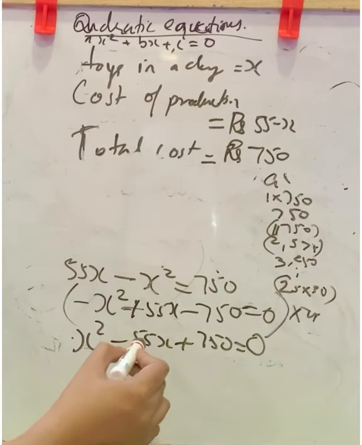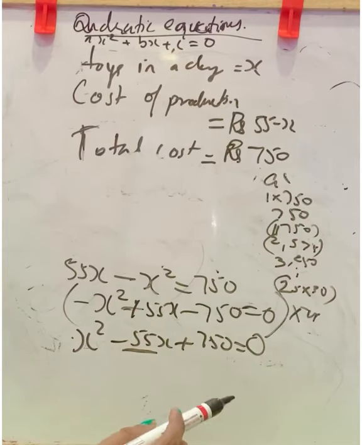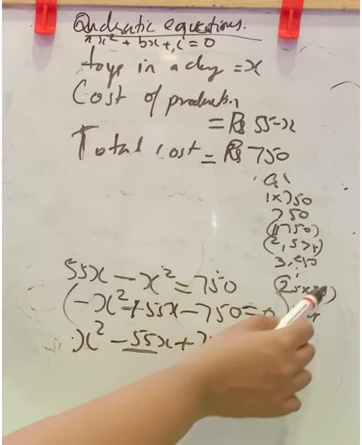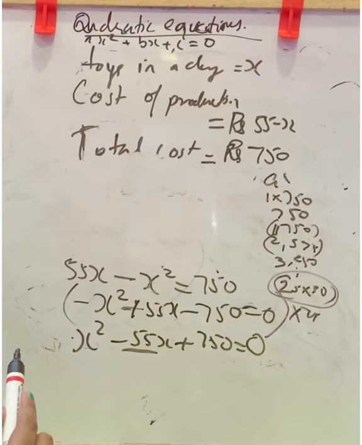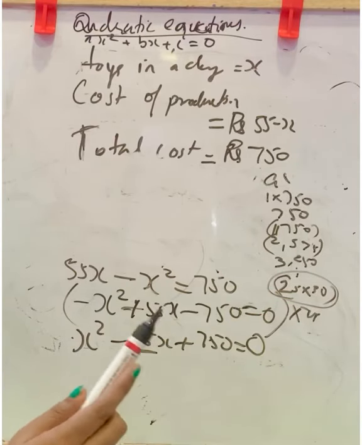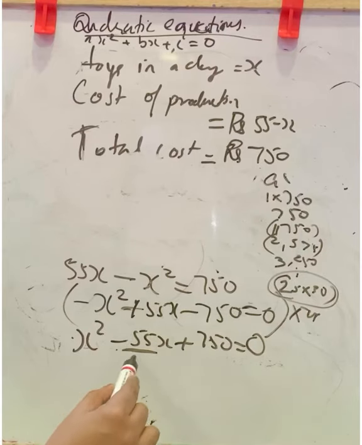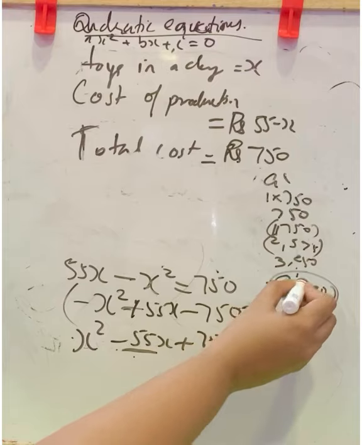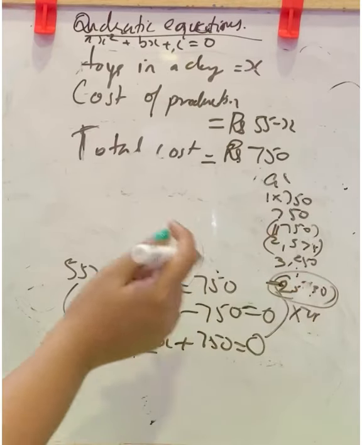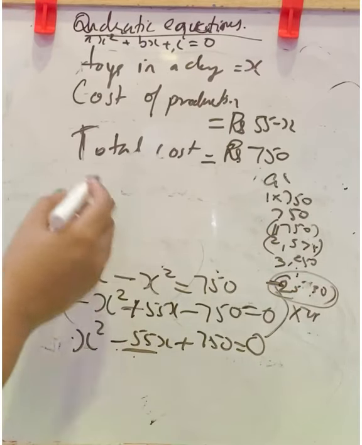Here we want the B term, 55. How will you get 55 from these factors? We can see 25 and 30: 25 plus 30 gives 55. But we want minus 55, so we take minus 25 plus minus 30, then you will get minus 55. So let us split it.